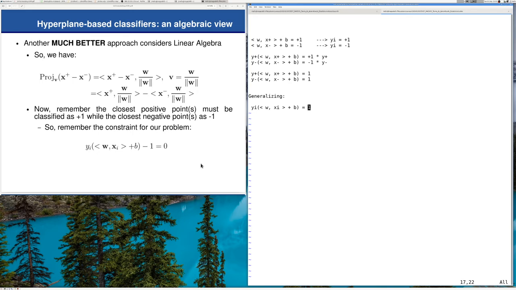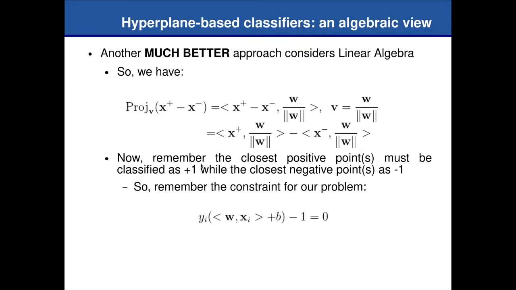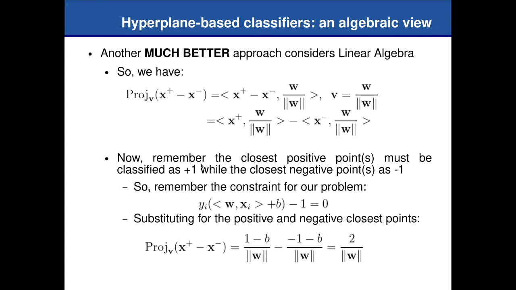How? Not too difficult. Let's go to the next slide. What I'm going to do is exactly this. If this is my result, what happens when I'm solving it for the positive element, and what happens when I'm solving it for the negative element?